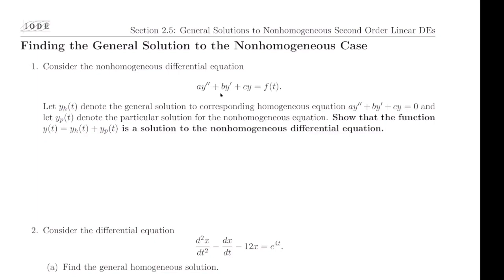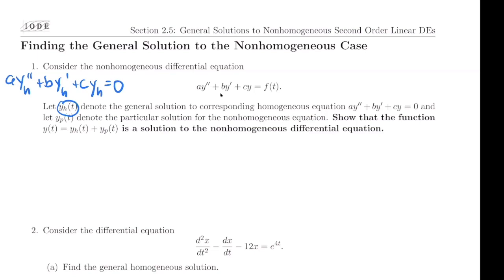So what this tells me is that A y_h double prime plus B y_h prime plus C y_h, if I plug that into the left side, if it's the homogeneous solution, then what should we get? Zero. Yeah, we'll get 0 for this. That's what it means to be a homogeneous solution.